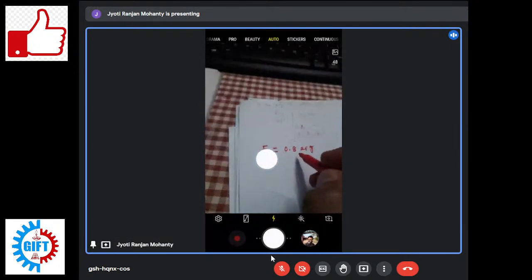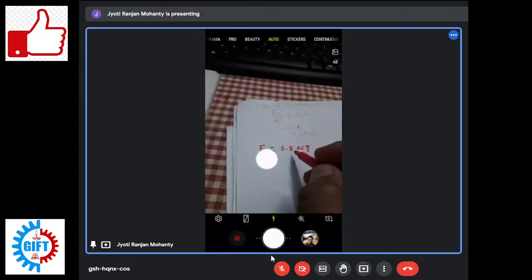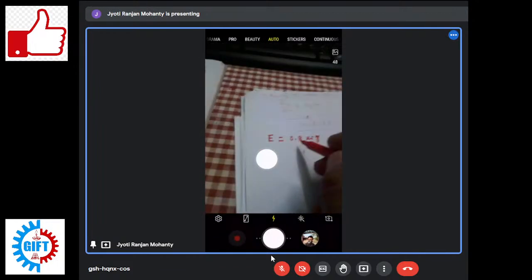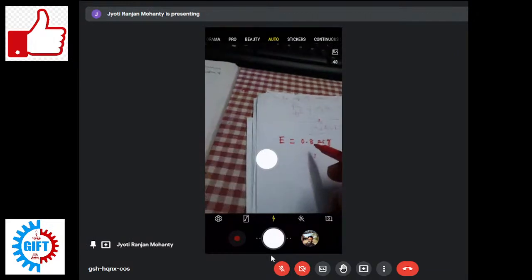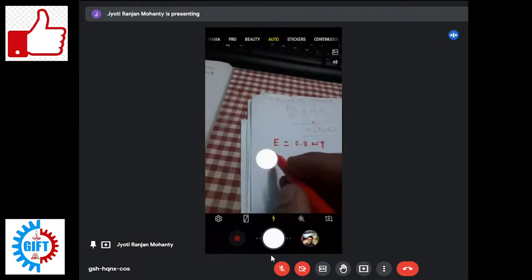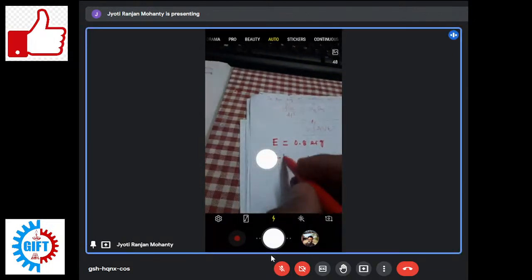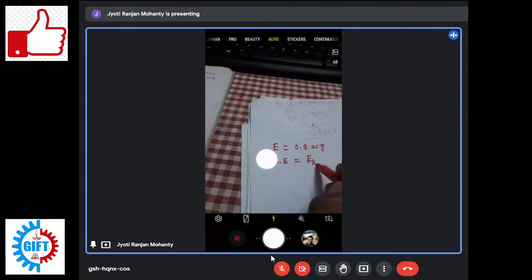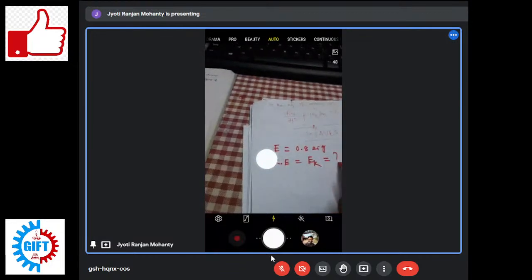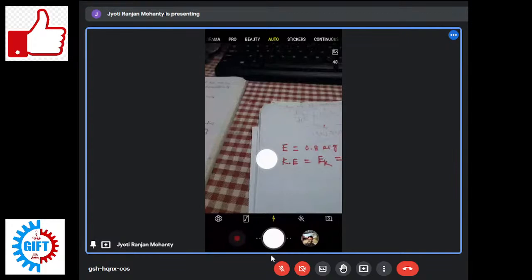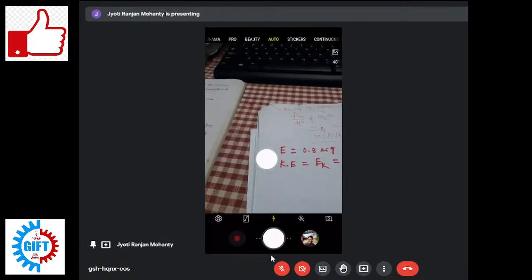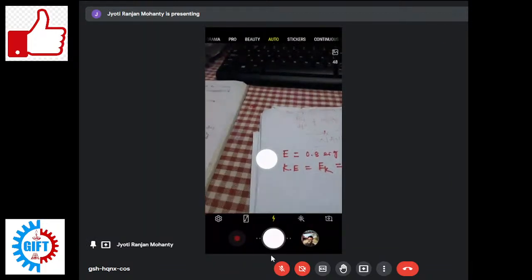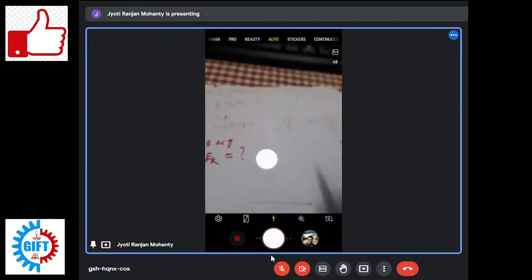The unit of energy is erg. What is its kinetic energy when it is midway between mean position and extreme position? I have taken EK as the kinetic energy symbol.